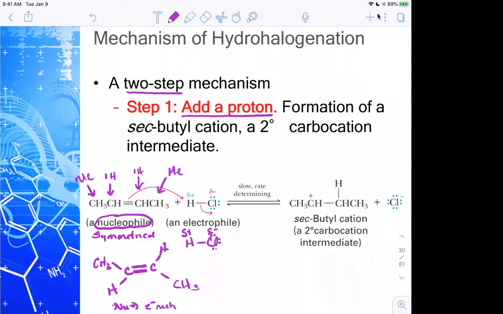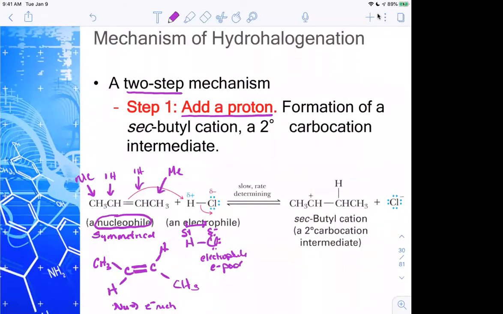Let me put in my lone pair. So I actually have that dipole pulling. This is the electrophile, and this is going to be electron poor. My arrow always starts where I have the electron density.